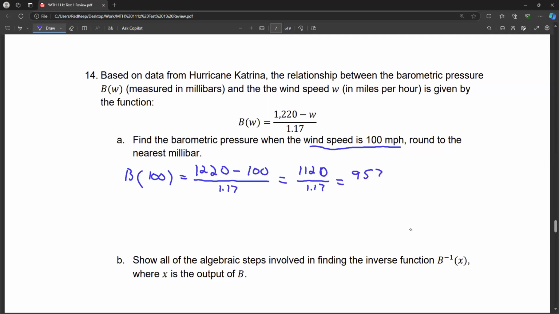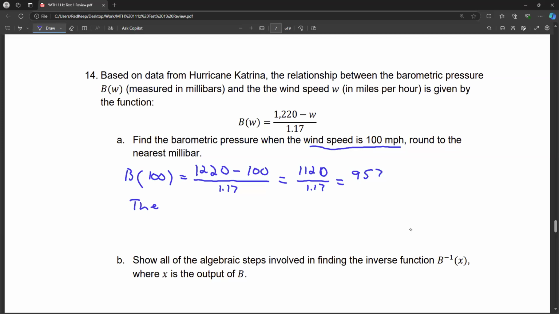And so since this is a story problem, you might give your answer in a sentence. So the result here is the barometric pressure when the wind speed is 100 miles per hour.